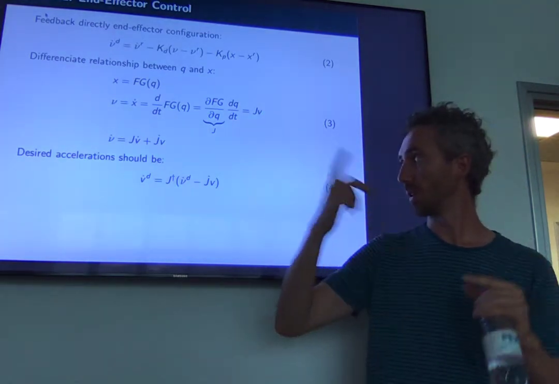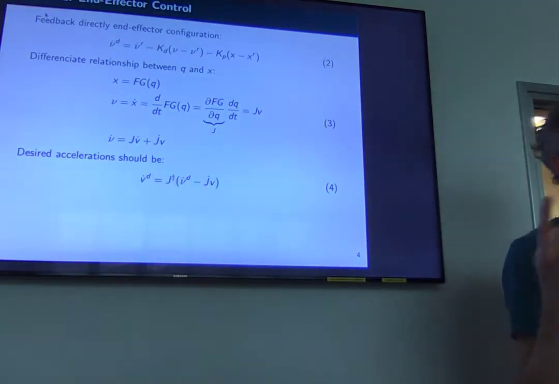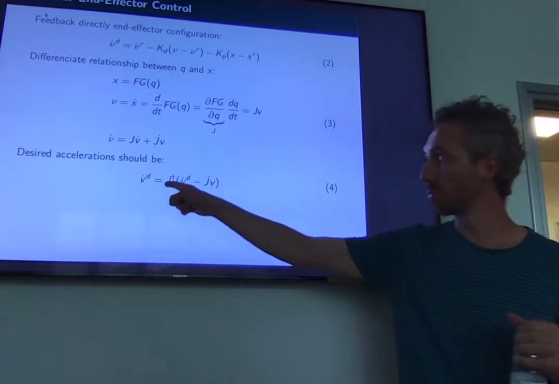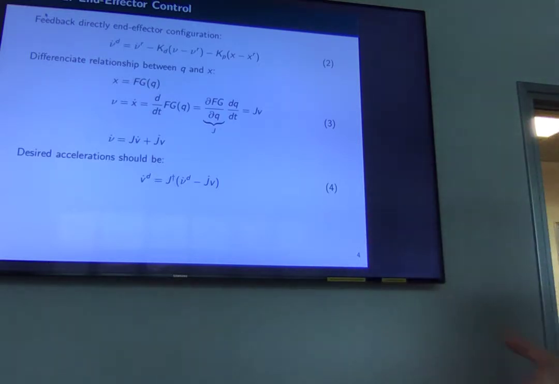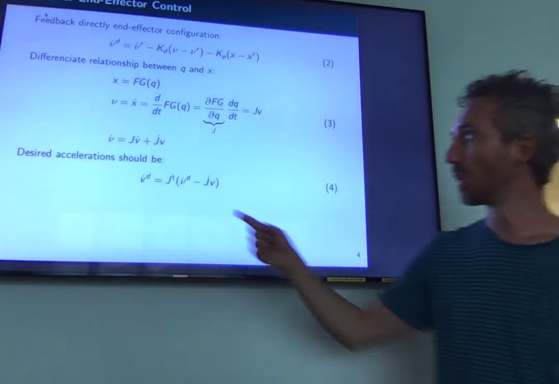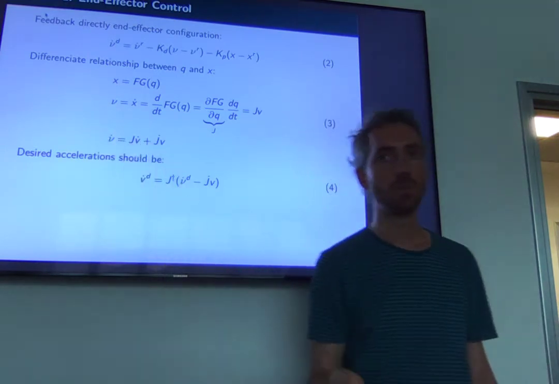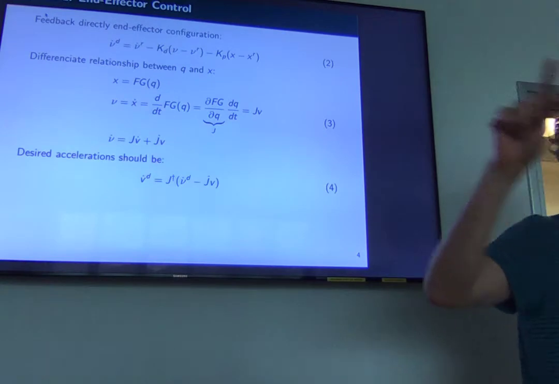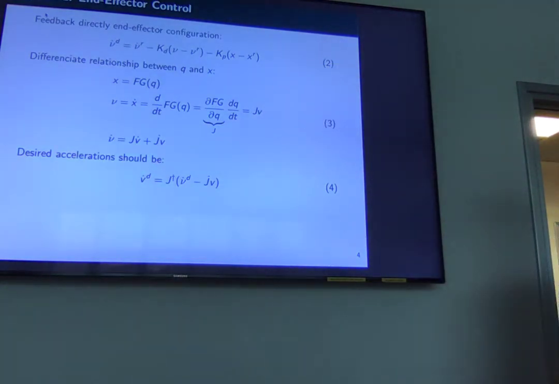In both cases we can take the pseudo-inverse, but the meaning is very different. In this case, the pseudo-inverse is selecting one solution, the minimum norm solution among all the existing solutions. In the other case, we are selecting the value of v dot which minimizes the difference between this and this, but in general there is no v dot that makes the equality hold exactly.